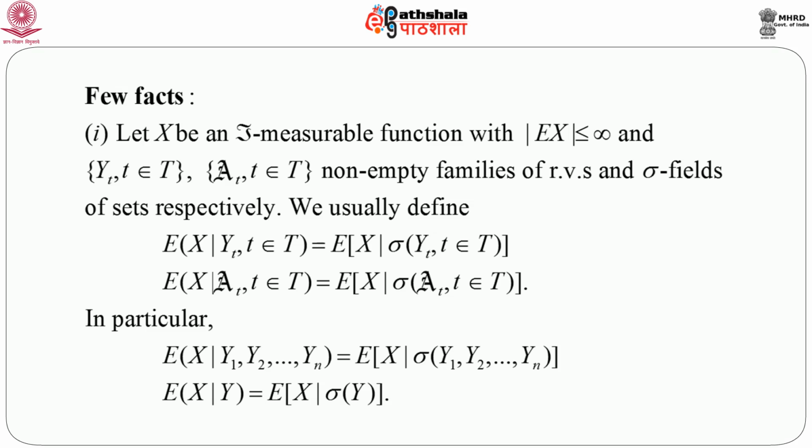So in particular, if we write the expectation of X given Y1, Y2, Yn, more than one variable, this is nothing but the expectation of X given the sigma field generated by Y1, Y2, Yn.